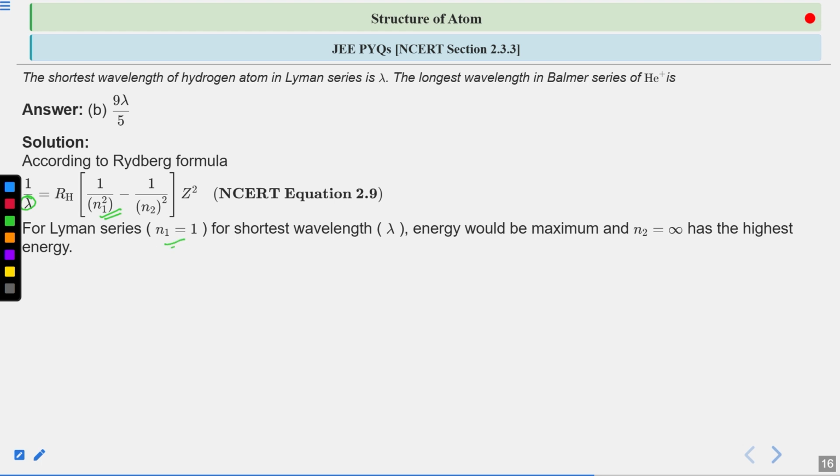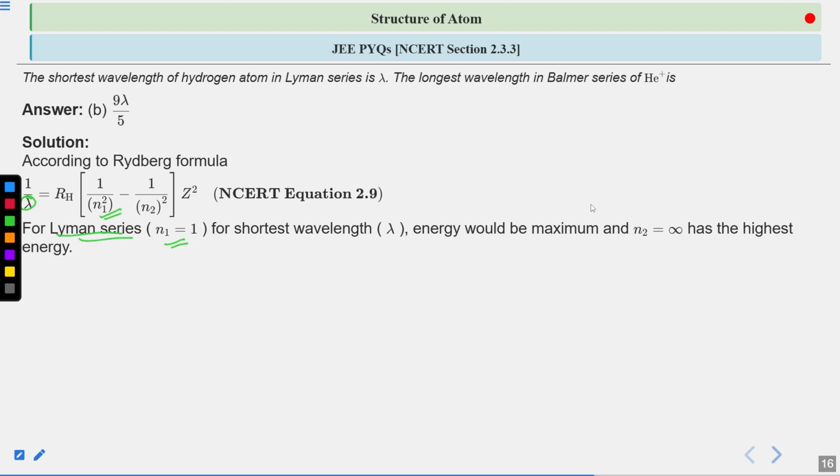Now, if you take n1 as 1, because it is said that we have to take the Lyman series in the first situation, and it is telling that in this case your wavelength is the shortest one. Now, if the wavelength is the shortest, then the energy would be the maximum, because energy and wavelength have an inverse relation. You know very well that the energy to take the electron to infinite distance is the maximum energy.